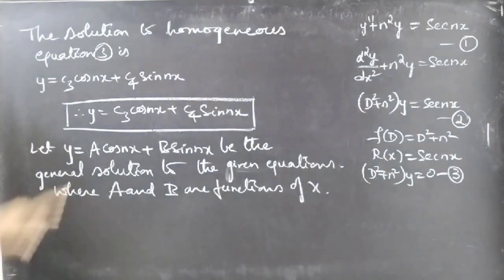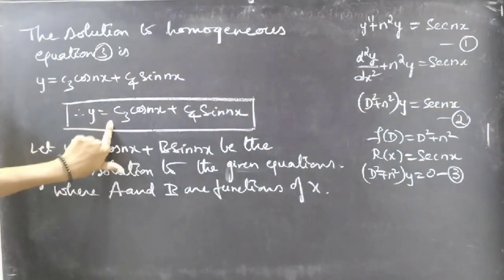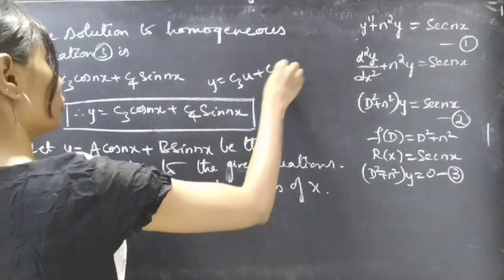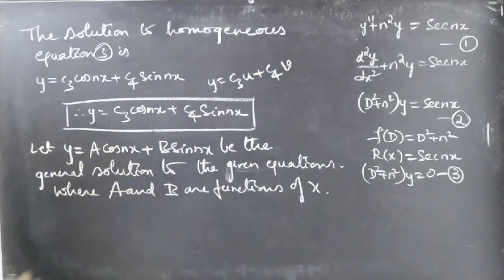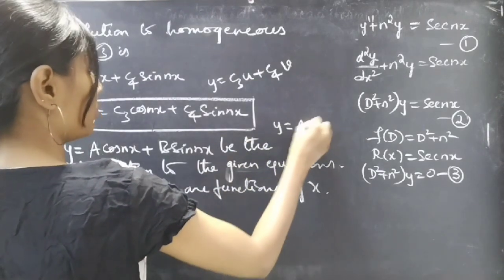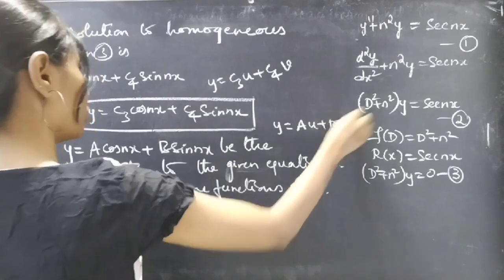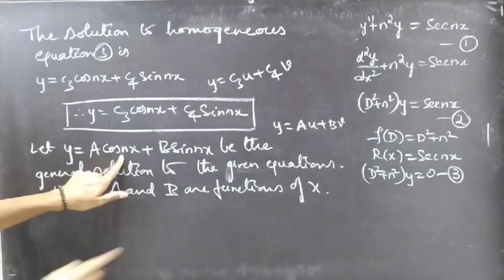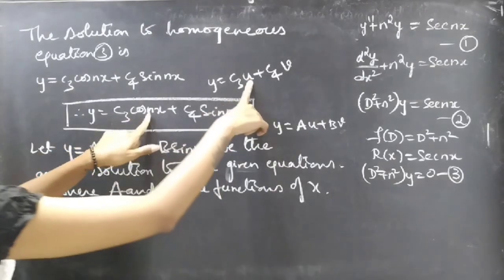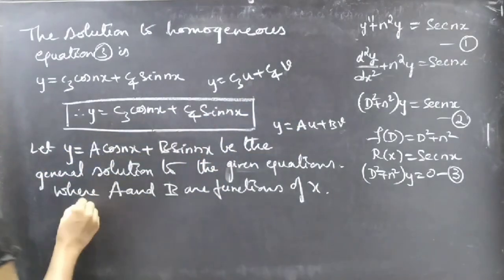Now we can compare the solution to the homogeneous equation, y equal to C3 u plus C4 v, with the general solution, y equal to Au plus Bv, so that we'll get u and v, where u is cos nx and v is sin nx.